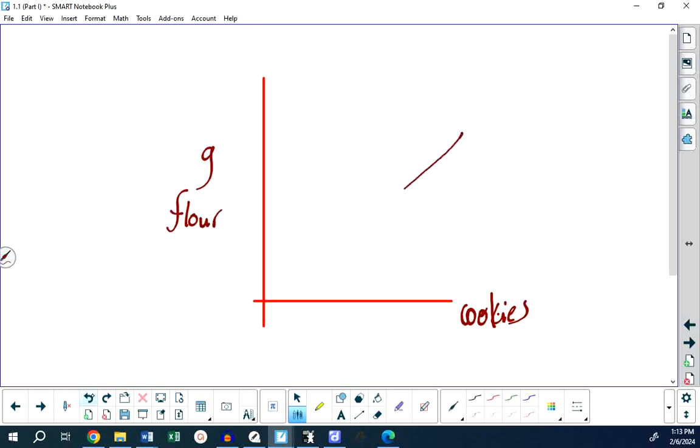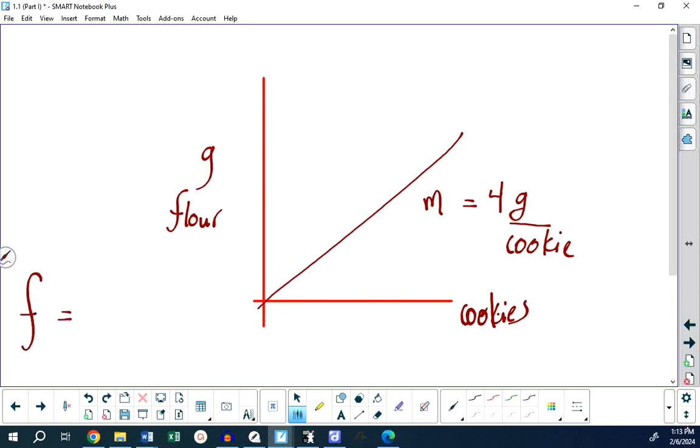And it was a straight line that went through the origin, and our slope was 4 grams per cookie. You can look back and see those numbers. You remember this? Okay. Well, I'm telling you that the grams of flour equals 4 times the number of cookies. Y equals the slope times x.